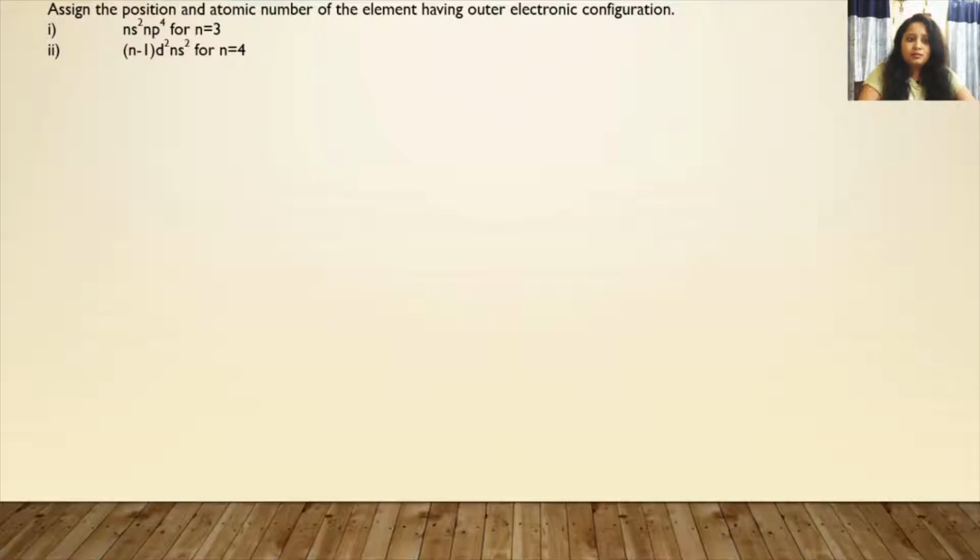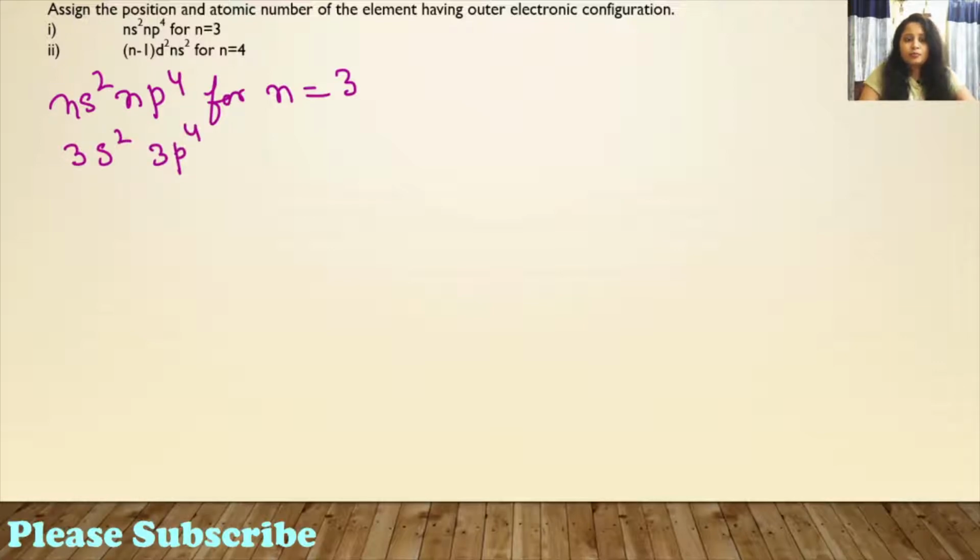Here ns2 np4 for n is equal to 3. So can we write it like this? n is equal to 3 means 3s2 3p4. Now this is the outer electronic configuration of the given element.